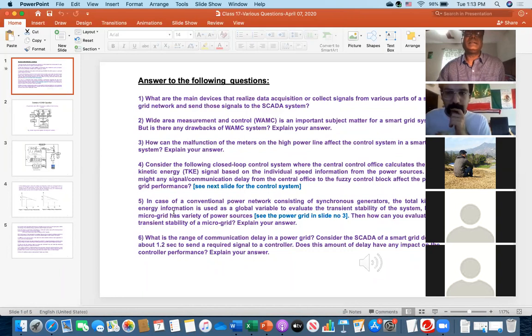Can there be any signal and communication delay from the central control office to the fuzzy control block that might affect the power grid performance? Okay, so see the next slide.